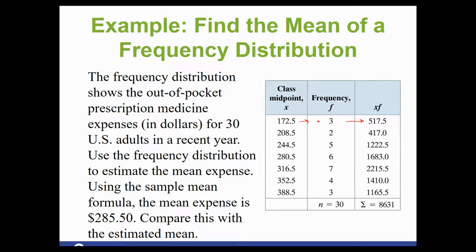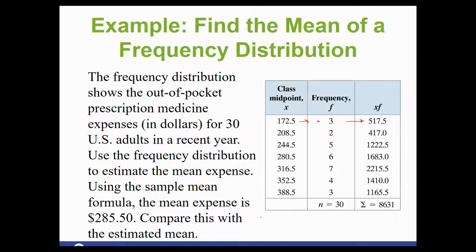So this one says the frequency distribution shows the out-of-pocket prescription medicine expenses in dollars for 30 U.S. adults in a recent year. Use the frequency distribution to estimate the mean expense. Use the sample mean formula. The mean expense is $285.50. Compare this with the estimated mean.